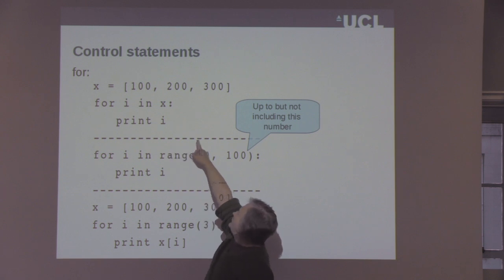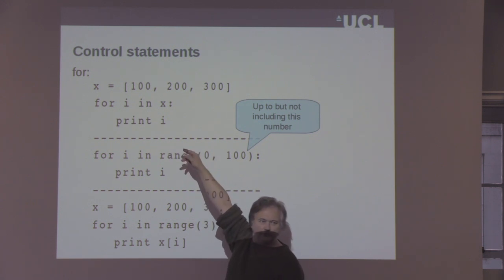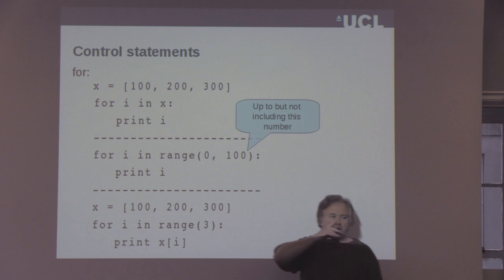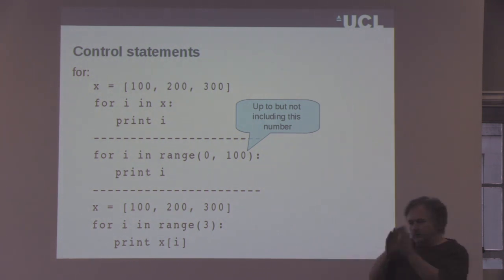So that will print 100, 200, 300 as it loops around. It makes it much easier. You don't have to look at each item in turn and give an index. So you don't have to say print x0, print x1, print x2. You can just loop through the items.